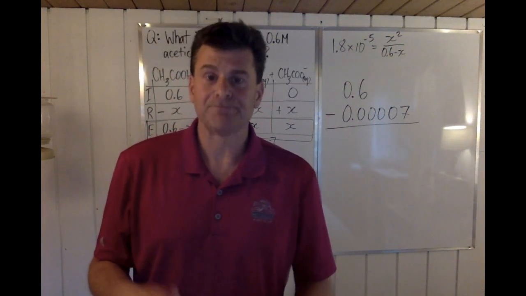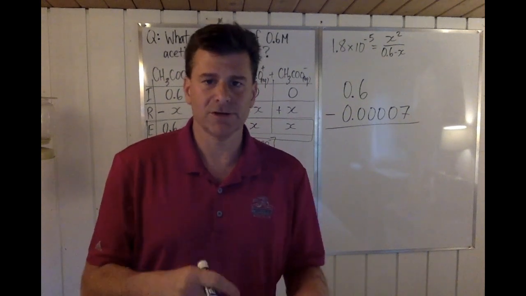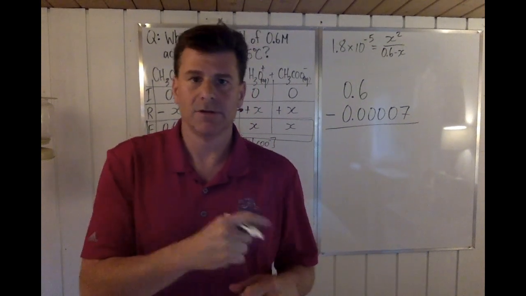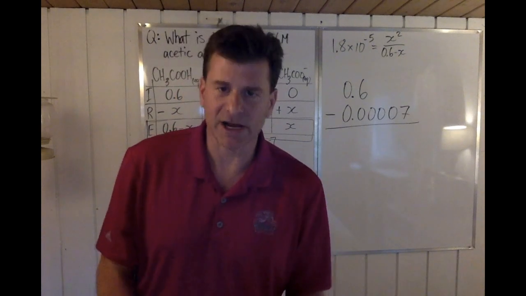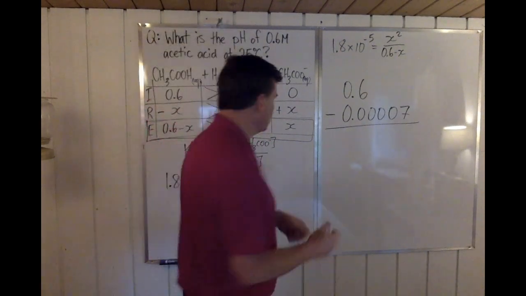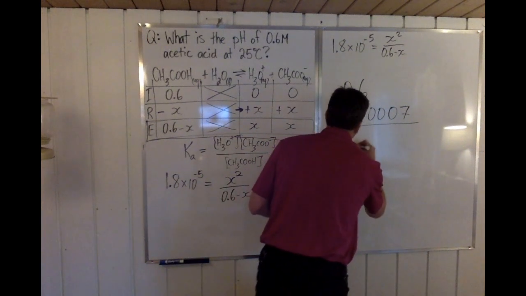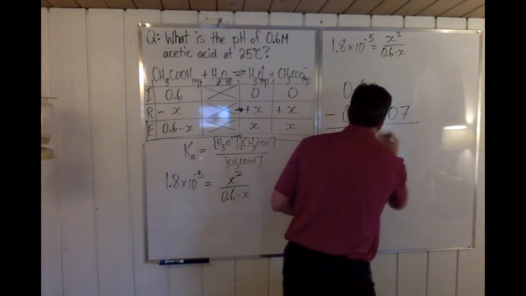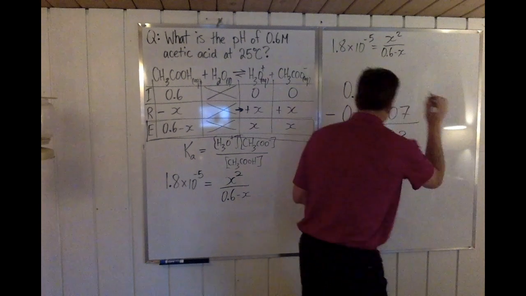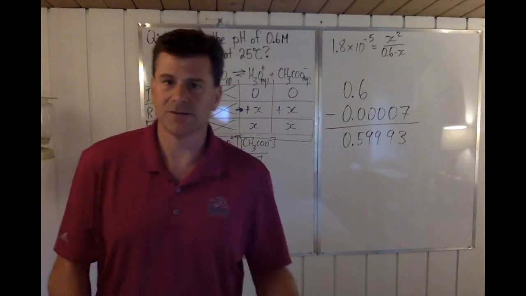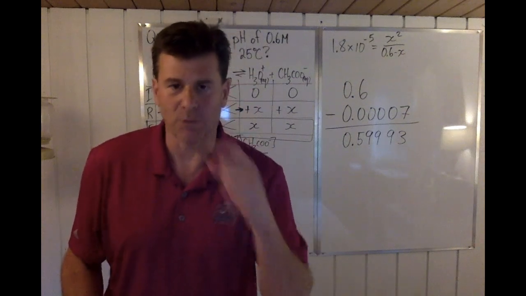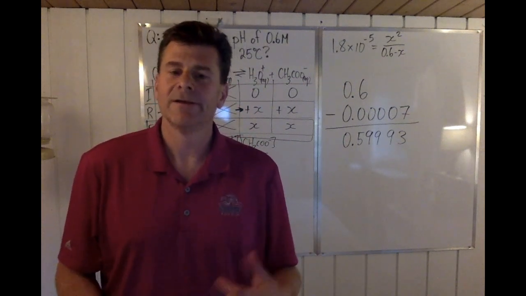This is not the answer. If x came out to 0.00007, you would be subtracting it from 0.6. And if you subtracted it from 0.6, you would get 0.59993. Correct? You can pull out a calculator and check my math if you want, but I think that's correct.